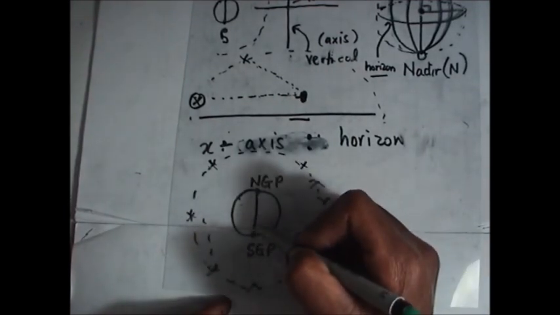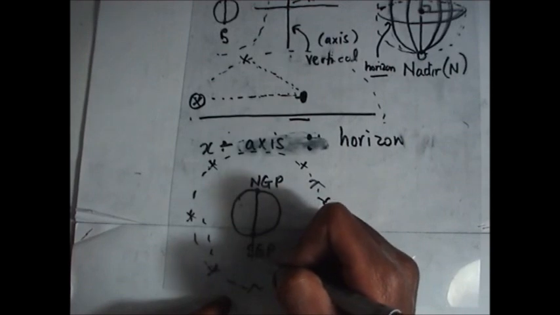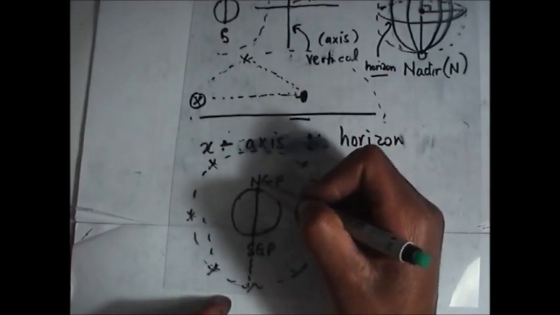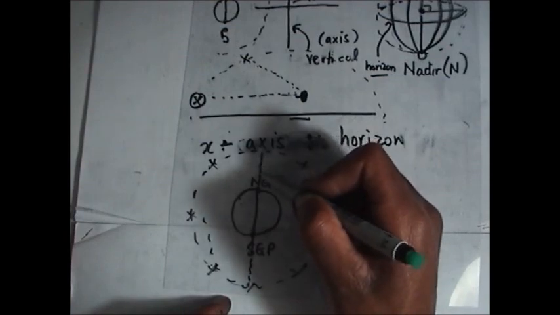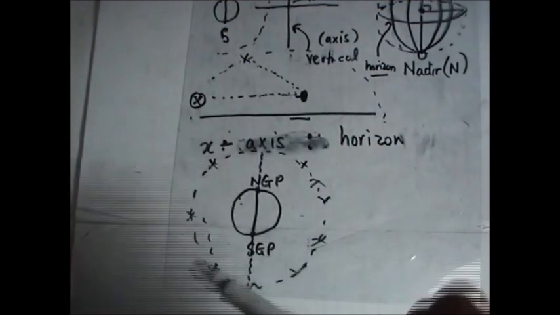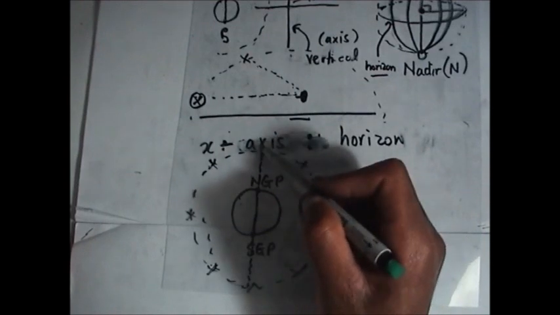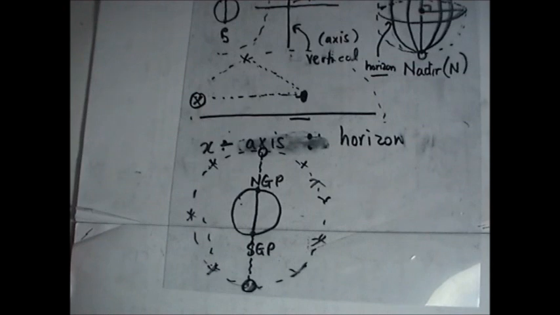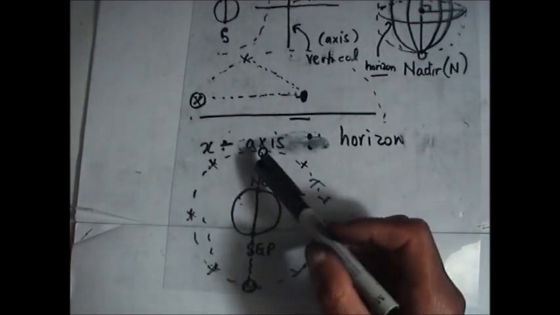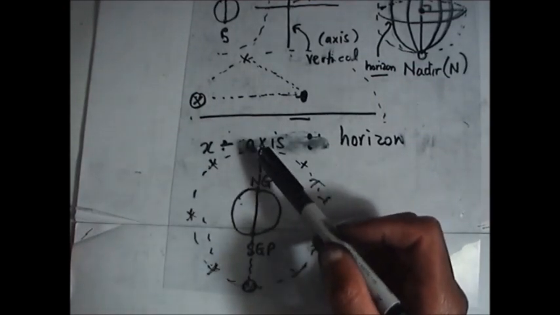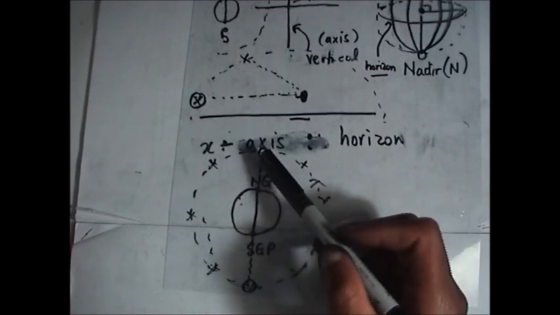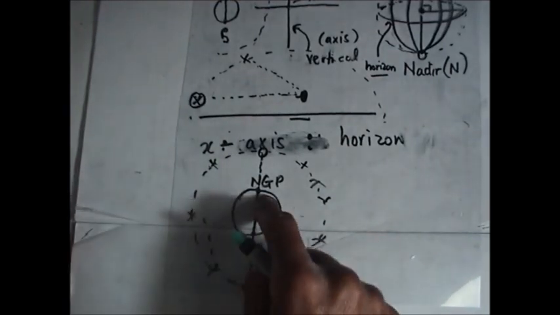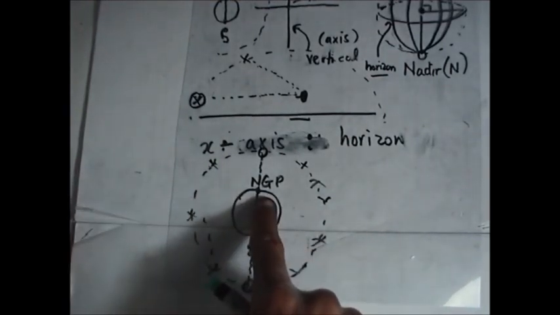So can you see this axis? If we extend it all the way to the celestial sphere, to touch it, it's going to cut the celestial sphere at this point and at that point. When we extend it, it intersects the celestial sphere in two fixed points. They are fixed because the north geographical pole will never move.